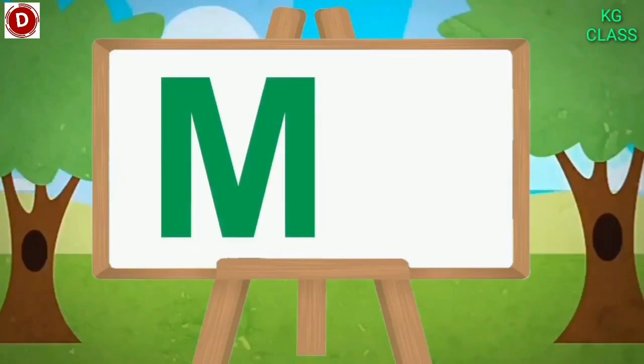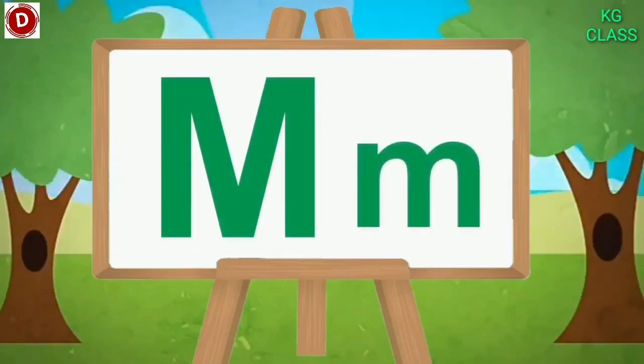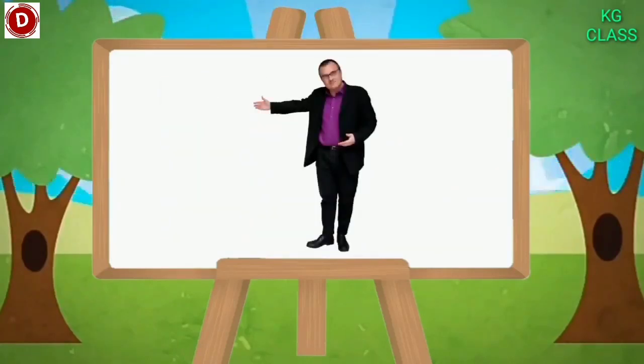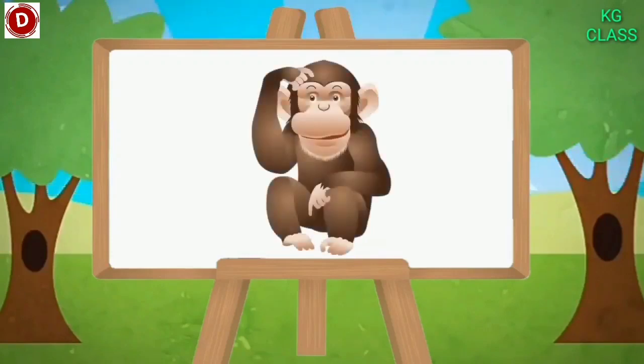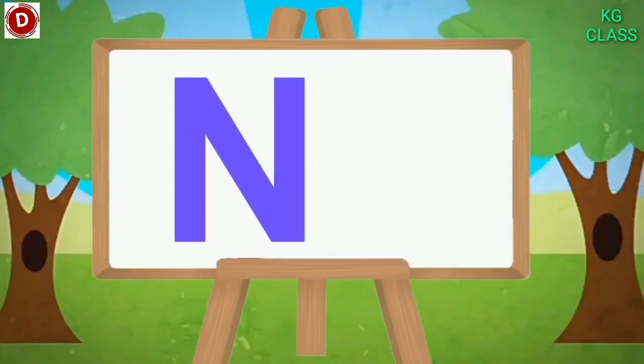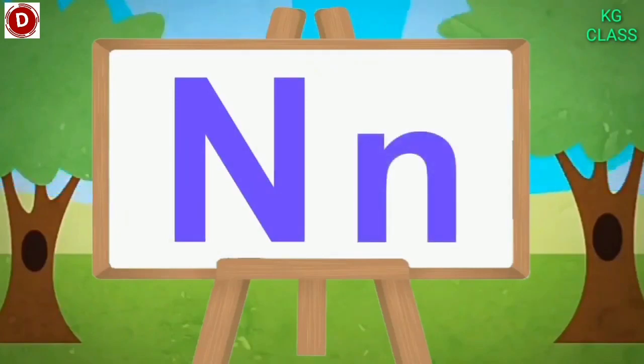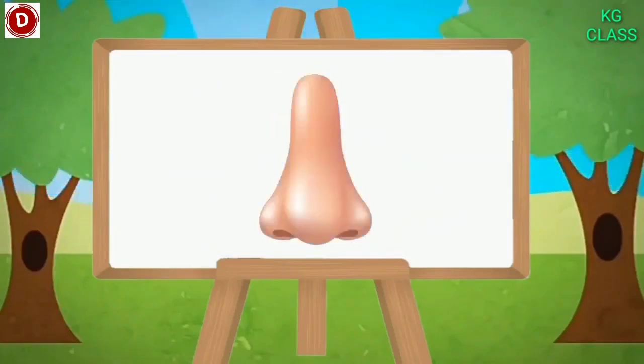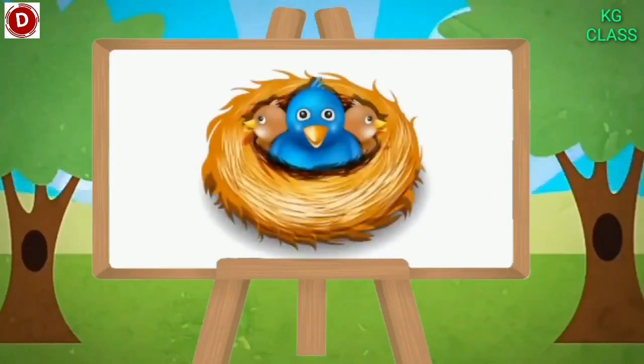This is capital M. And here comes small m. M for man and M for monkey. Capital N and small n. N for nose, N for nest.